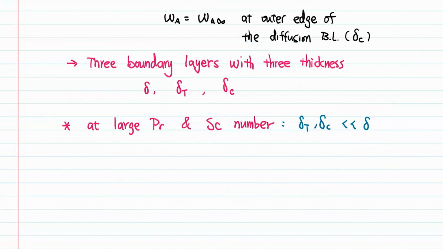Okay? But if you are at small Prandtl and Schmidt numbers, at Prandtl number smaller than 1, and the Schmidt number is also smaller than 1, then we have the reversed conditions. So the thermal and the diffusion boundary layers will now be thicker than the velocity boundary layer. Okay?